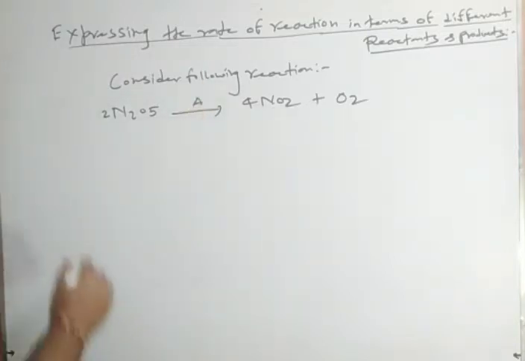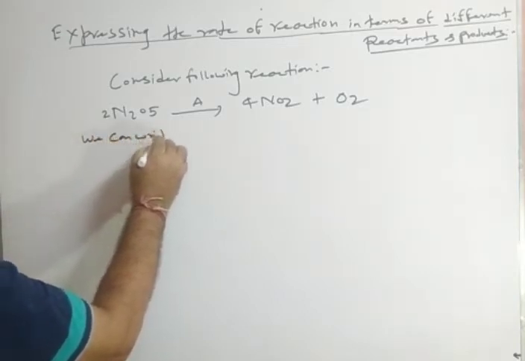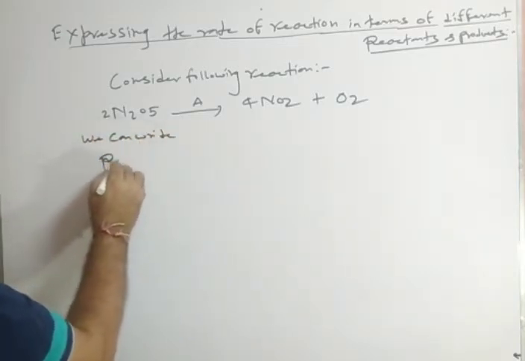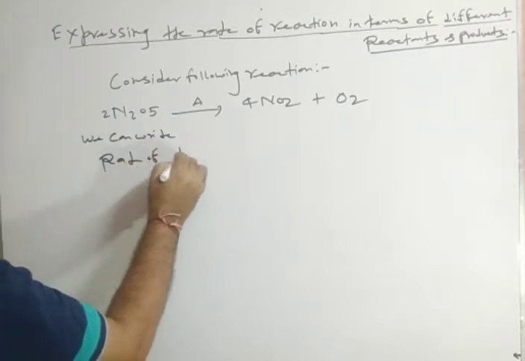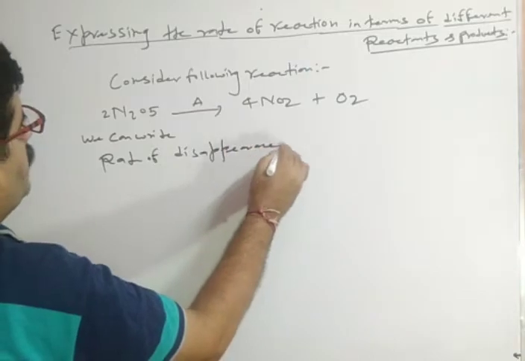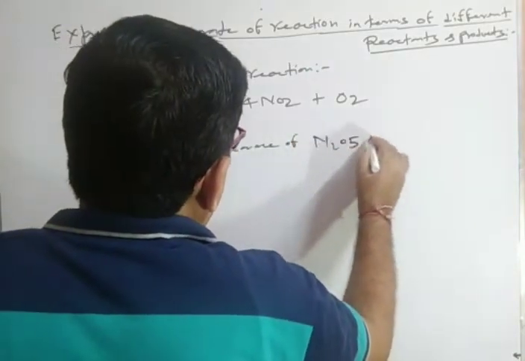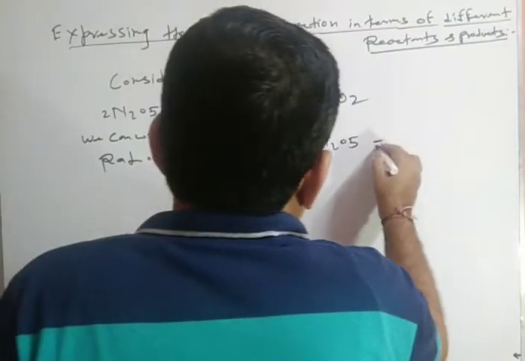So we can write what? Rate of disappearance of N2O5 is equal to what?